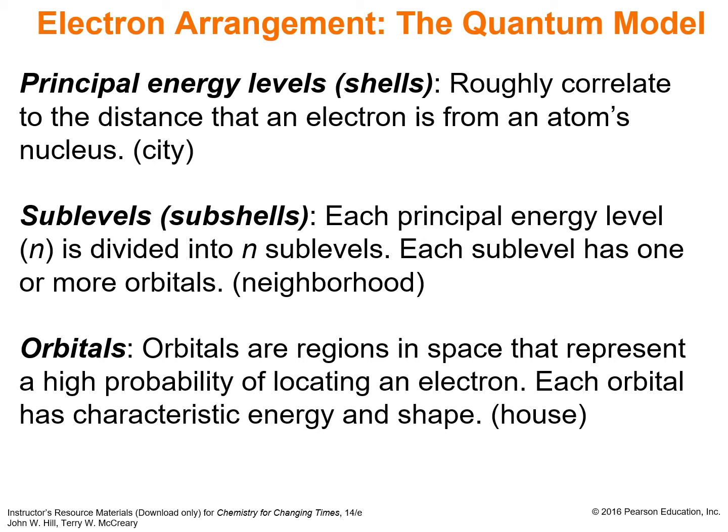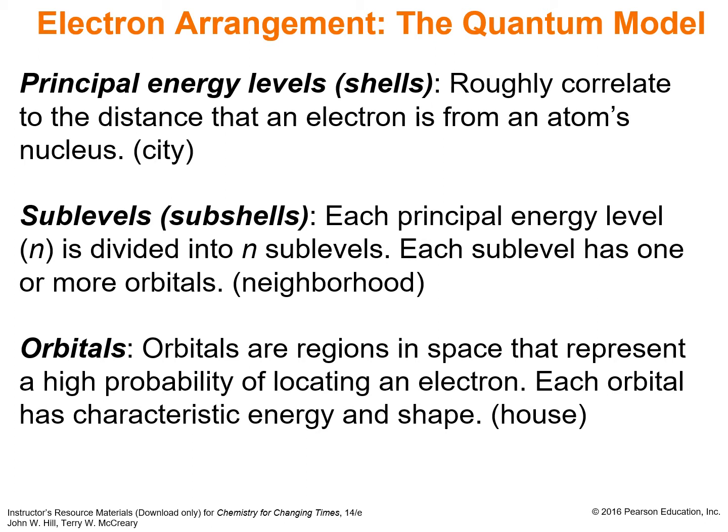Then you go to the second term, which is sublevels, which is a certain neighborhood in that city. So each principal energy level, which is N, is divided into number of subshells, and each subshell has one or more orbitals.